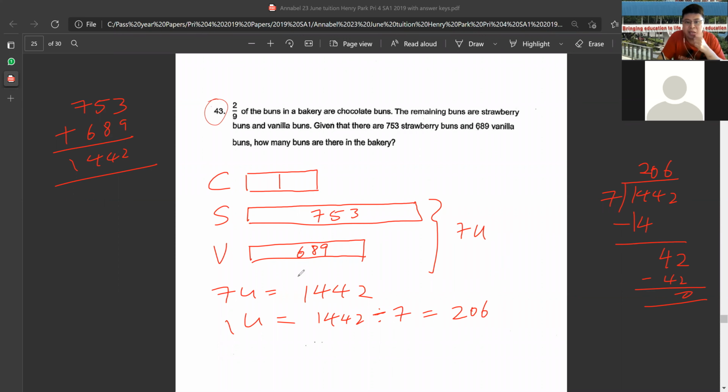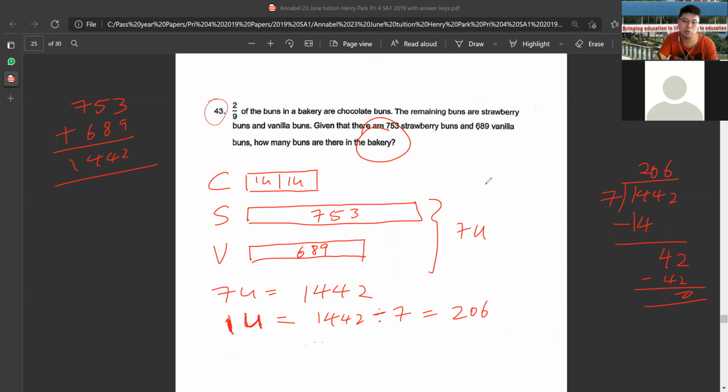So how many units am I supposed to find? In the whole bakery, how many units are you supposed to find? No. This whole thing is the whole bakery.